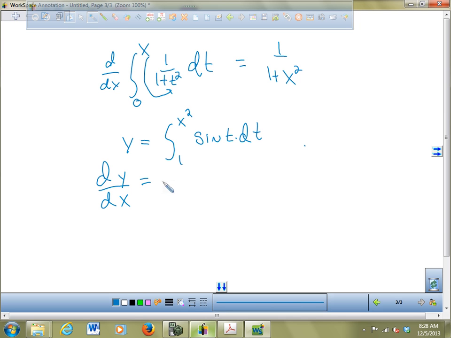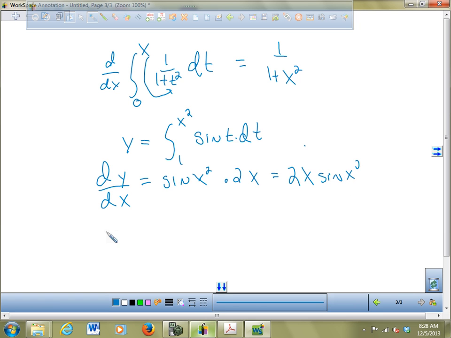Dy dx is equal to sine of x squared. You just plug in the x squared, but then you have to multiply by the derivative of x squared. So it's sine of x squared times 2x. Which I would just write as 2x times sine of x squared.